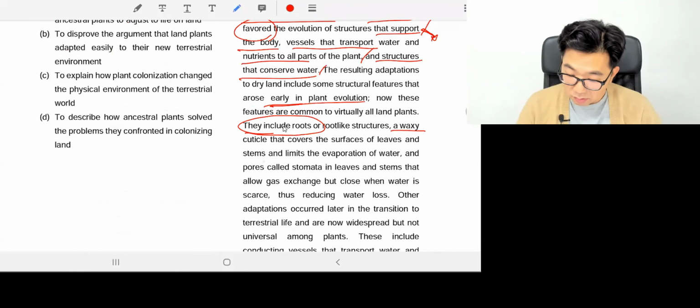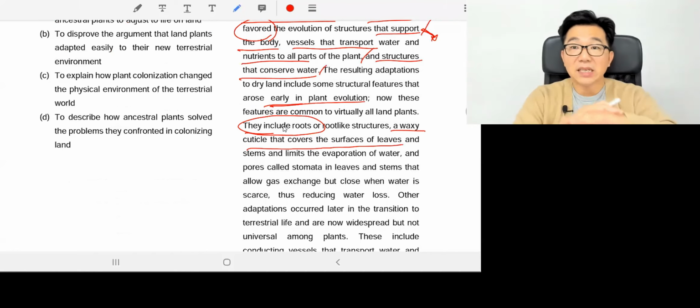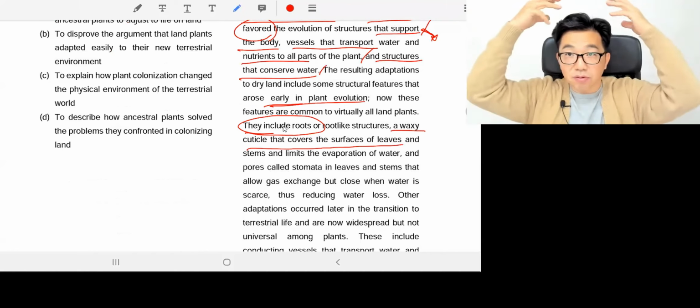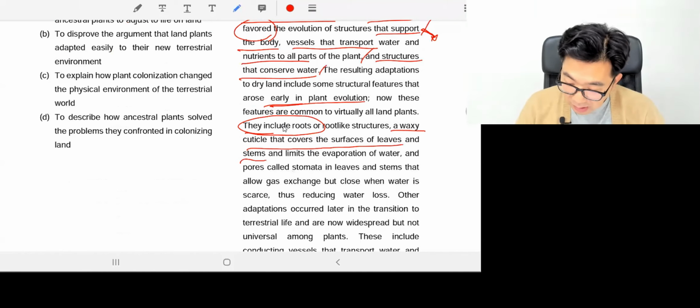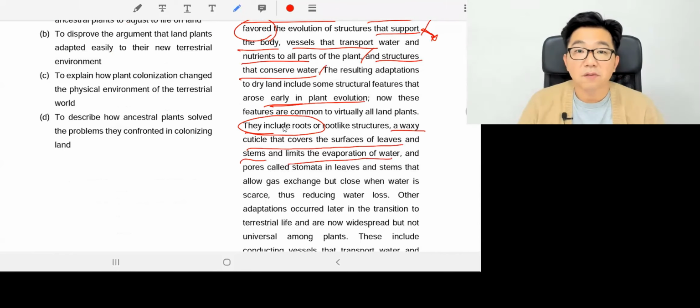Waxy cuticle that covers the surface of the leaves, like a wax you put on your hair. Waxy cuticle that covers the surface of the leaves and stems and limits evaporation of water, so they do not get dry.